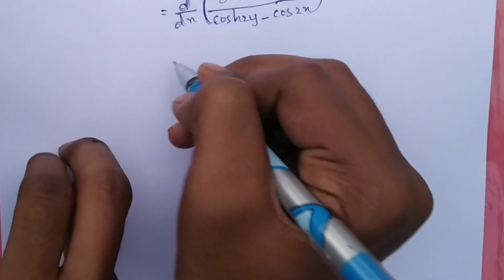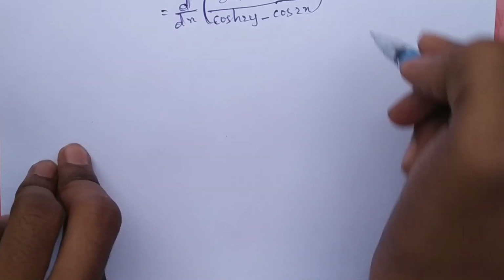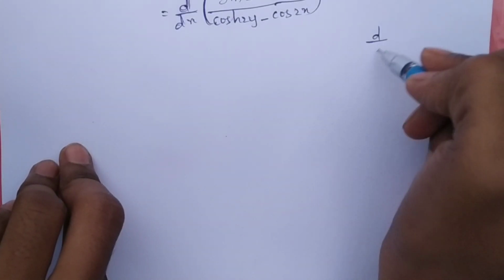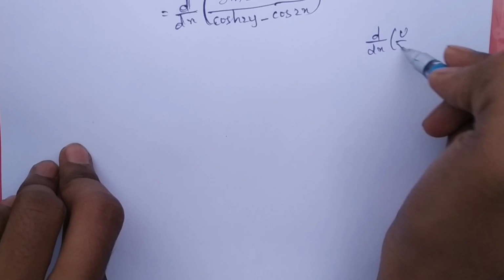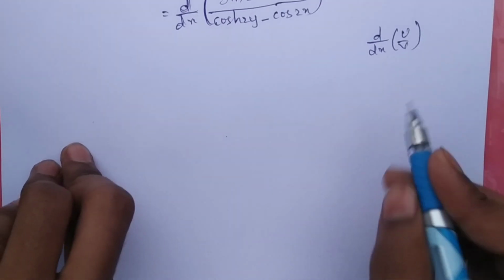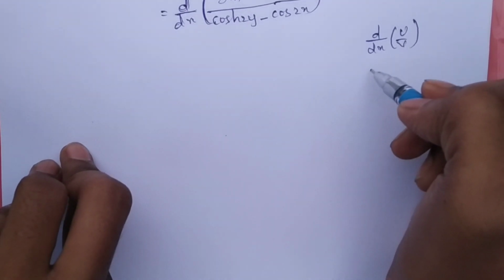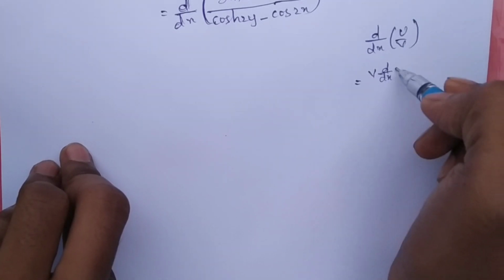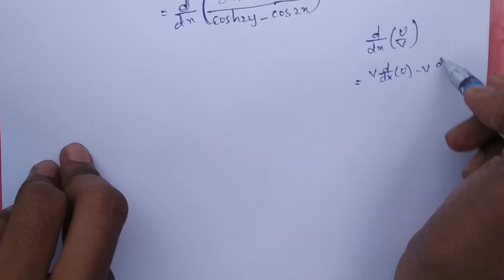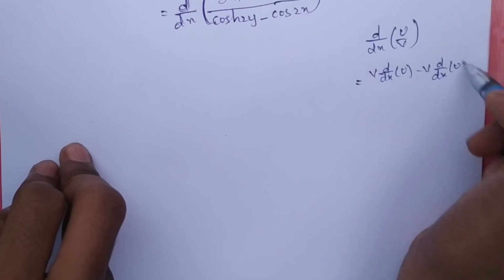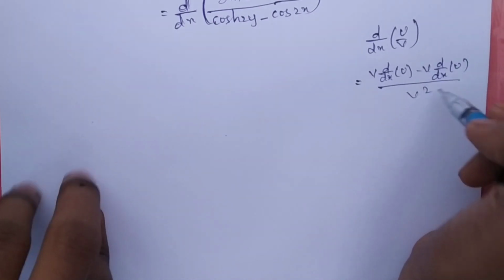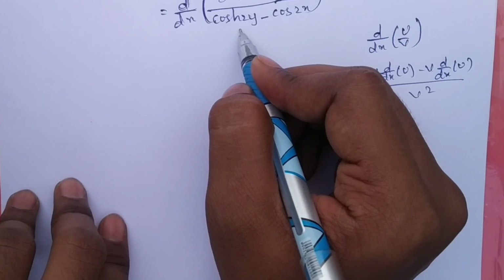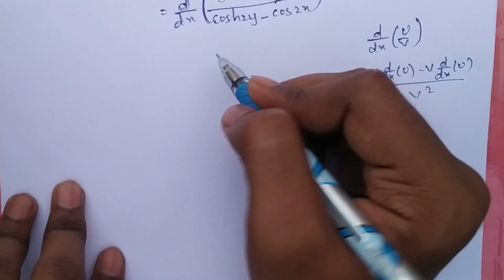If you differentiate this equation, it is of the form d by dx of u by v. We know that d by dx of u by v equals v into d by dx of u minus u into d by dx of v, by v square. Here u is sin 2x and v is cos h 2y minus cos 2x.